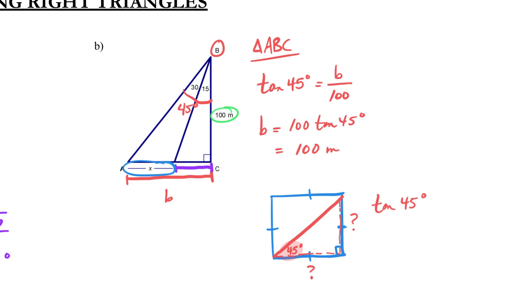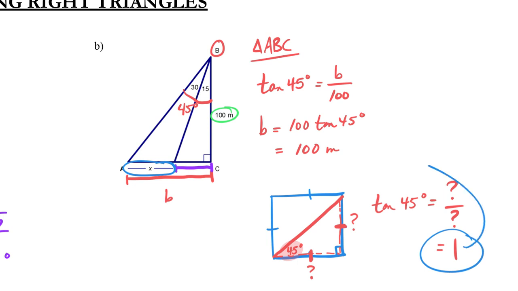And notice that I put question marks there because I don't know what those dimensions are, but there is something very important. They're the same because it's a square. My opposite and my adjacent sides are the same for a 45-degree right triangle. So when I go to calculate my tan ratio, I have to get 1.